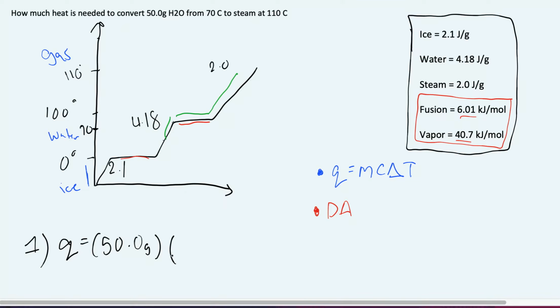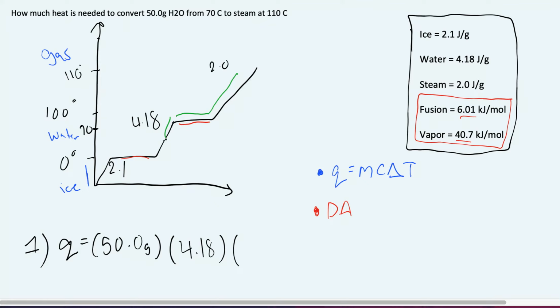And the C value is 4.18. This is where these conversion factors come in. And then your last thing, the ΔT, or the triangle T, refers to your temperature change.